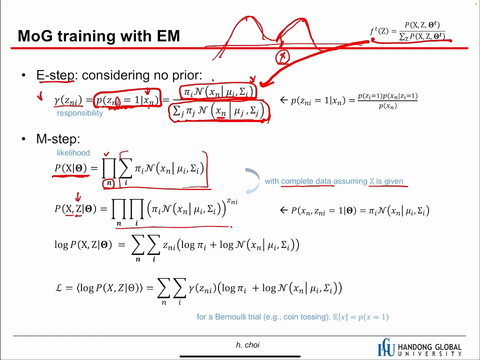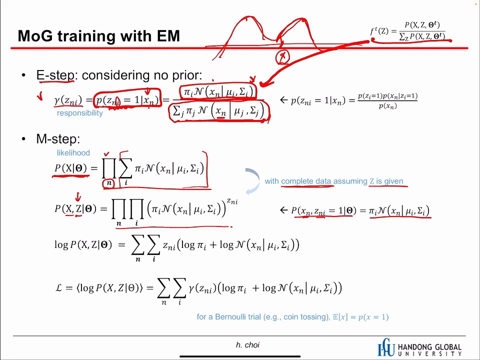By this complete data, we have x and z, which means if we have x and z, then we know where it is. If it belongs to the ith cluster, then the probability of this one is this one.